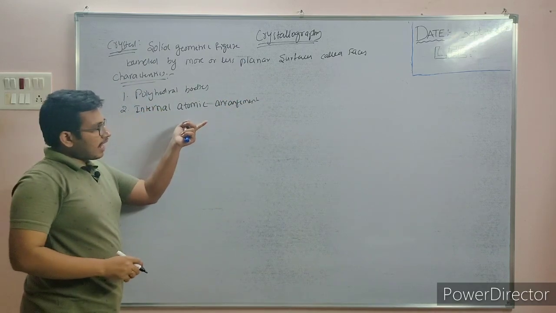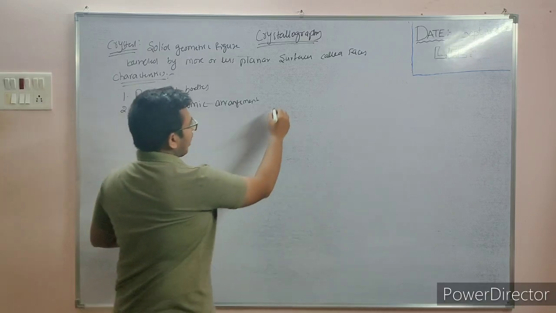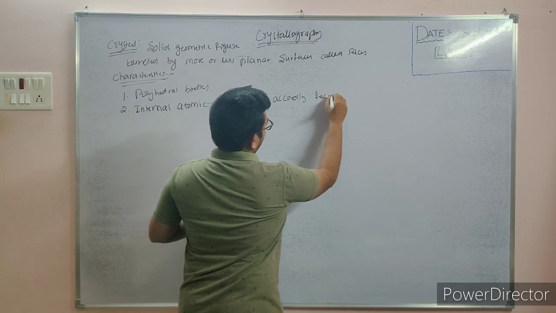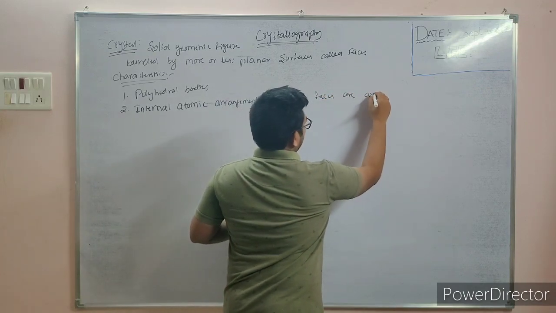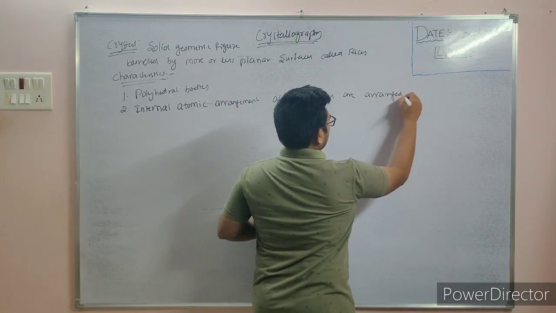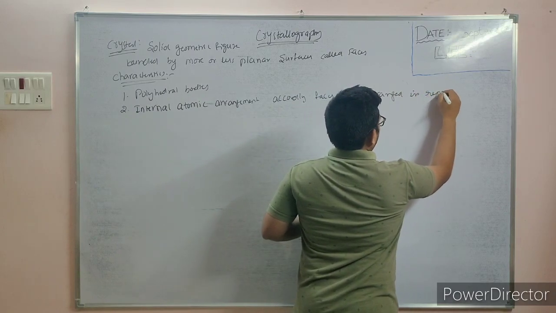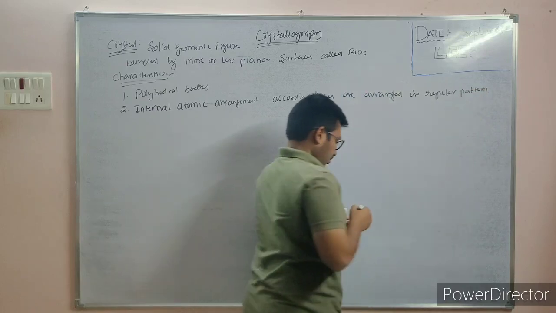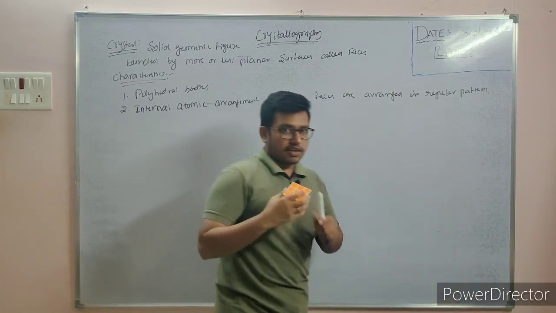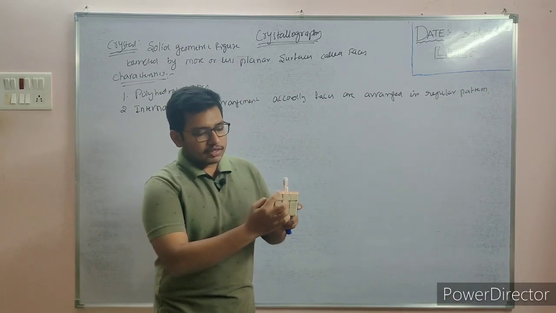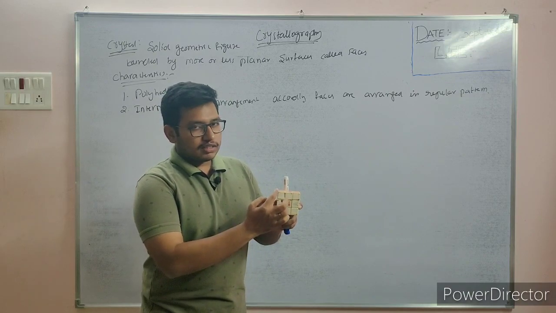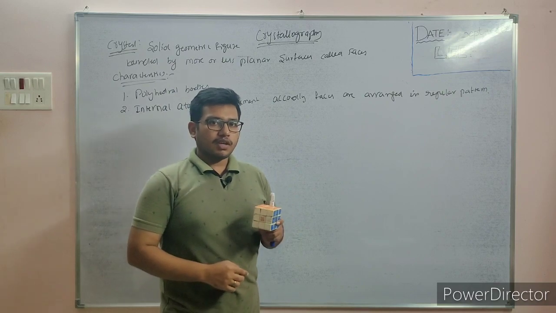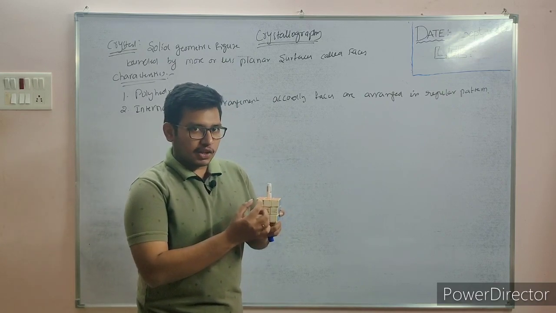Because of this internal atomic arrangement, faces are arranged in a regular pattern. If you take this crystal, this is the smallest block that is repeated to form the crystal. We consider this smallest part as a unit cell.